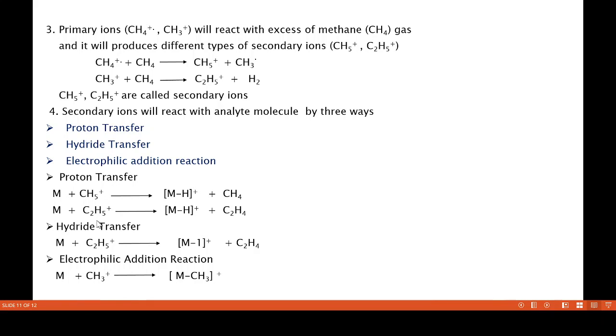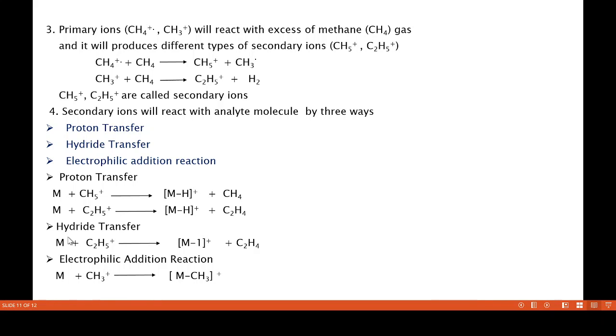The next one is the hydride transfer. In this hydride transfer, the analyte compound reacts with the secondary ion and forms the M minus 1 ion peak in the mass spectrum. That means, suppose the molecular weight of this analyte compound is 25, then we get the peak at 24 in the mass spectrum.